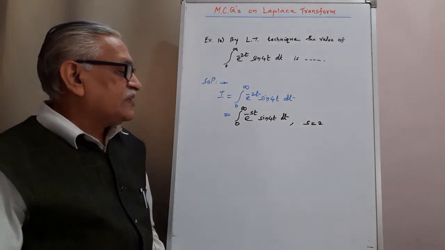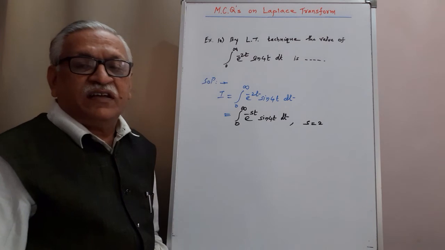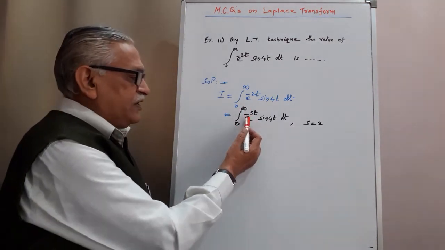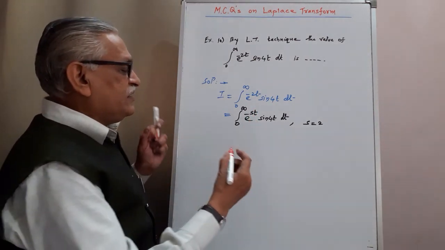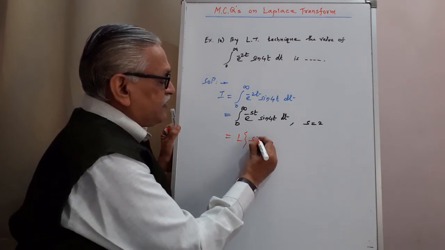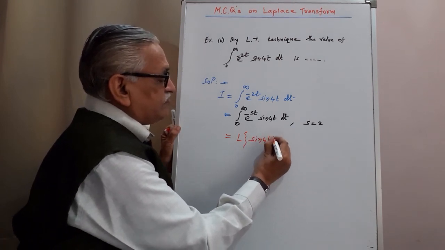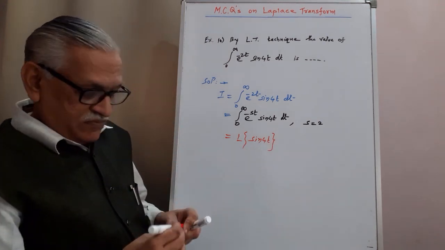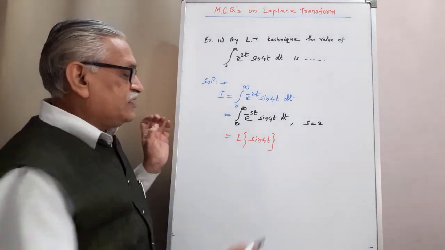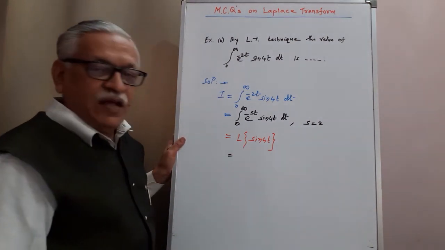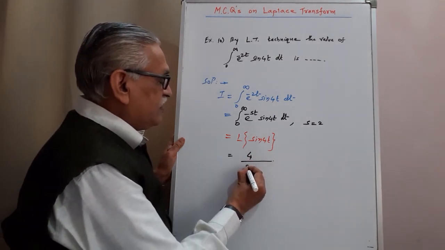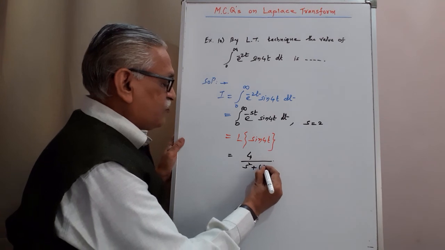And then as per the elementary definition of Laplace transform, the integration from 0 to infinity of e raised to minus st f of t dt is the Laplace transform of that f of t. Here f of t is sine 4t. And then finding the Laplace of sine 4t, again the standard Laplace of sine at, where a is here 4, is a upon s square plus a square, that is 4 upon s square plus 4 square.